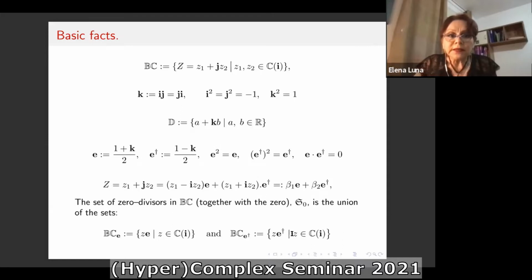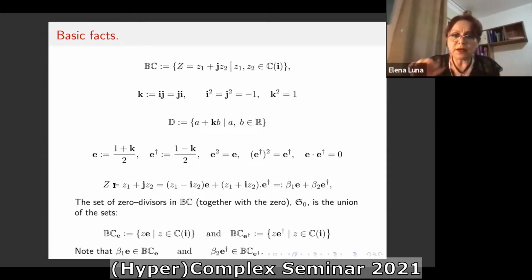So this means also that when we write the bicomplex number in the idempotent form, the first component belongs to B Z e and the second component belongs to B Z e dagger. So then all the time we can have in mind where the projections are, because we can of course define the projections of the bicomplex number, and the projections go to B Z e and to B Z e dagger.